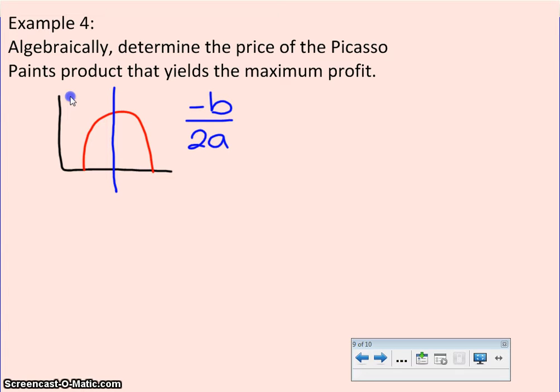Now, if we go back and we look, our equation for our profit was negative 500 p squared plus 33,500. And I'm not going to have enough room, so let me erase it now and rewrite it. So profit equals negative 500 p squared plus 33,500 p minus 238,000.